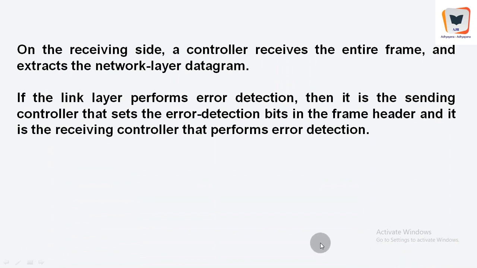Similarly, when a node passes a datagram down the protocol stack to an adapter, the node fully delegates the function of transmitting the datagram across that particular link to the adapter.